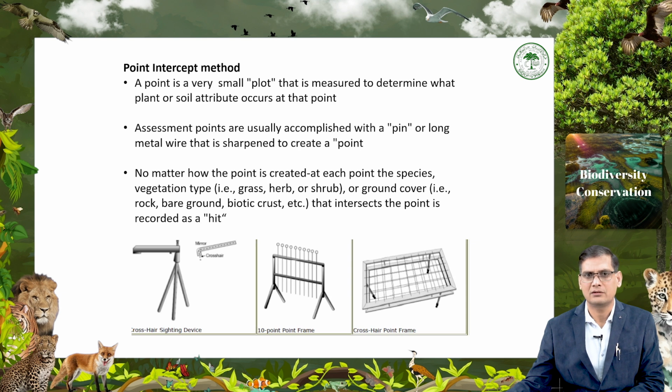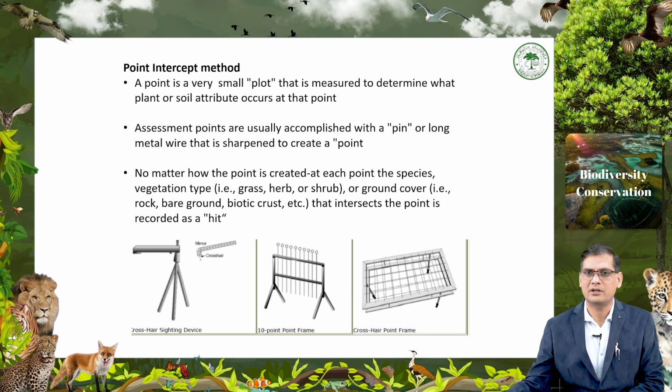No matter how the point is created, at each point the species, vegetation type, for example grass, herbs or shrubs, or ground cover, for example rock, bare ground, biotic crust, etc., that intersects the point is recorded as a hit by the observer or surveyor.